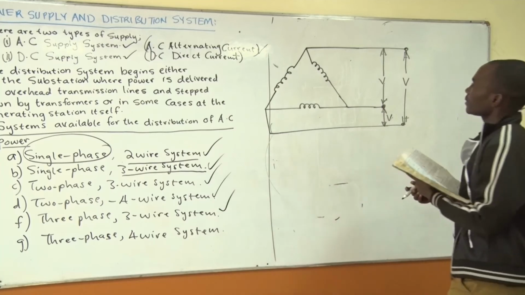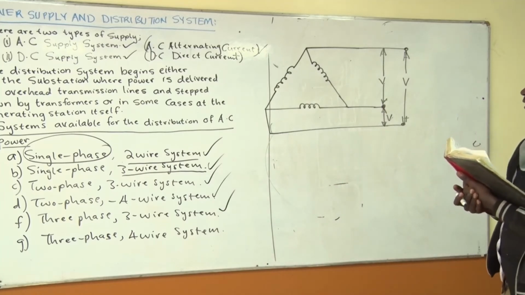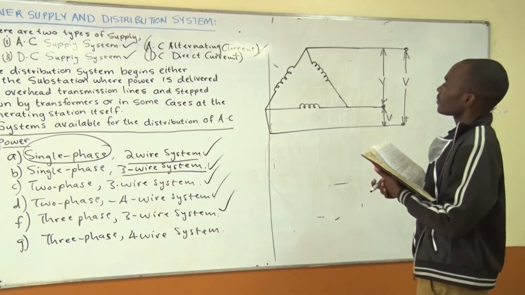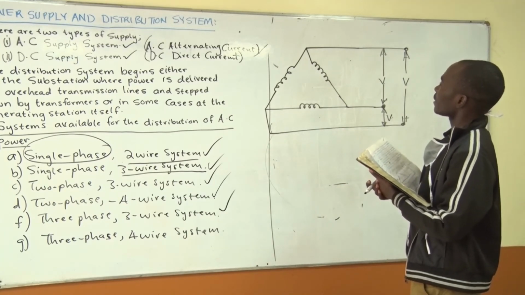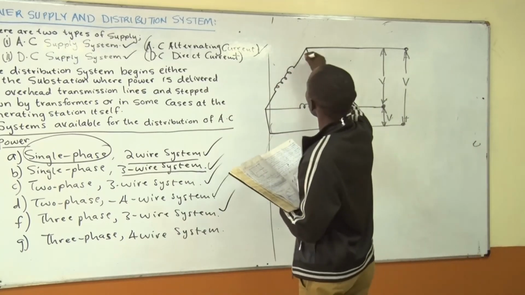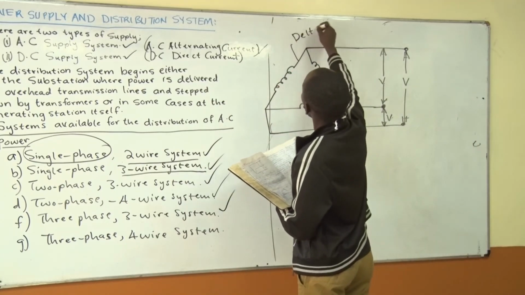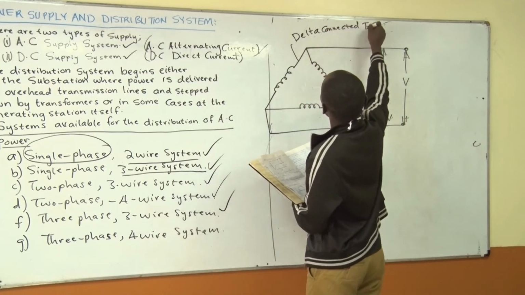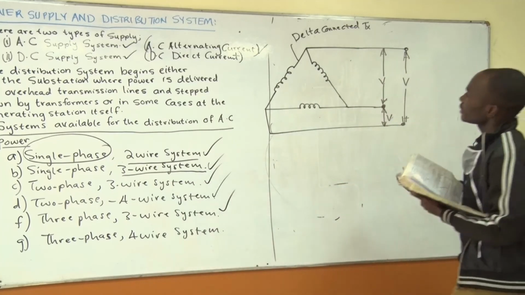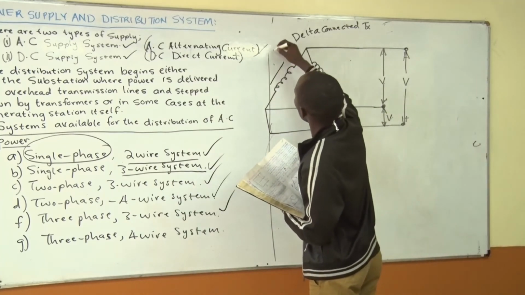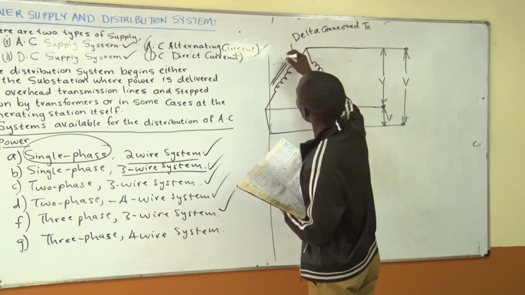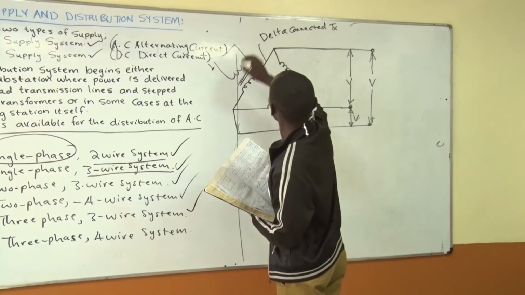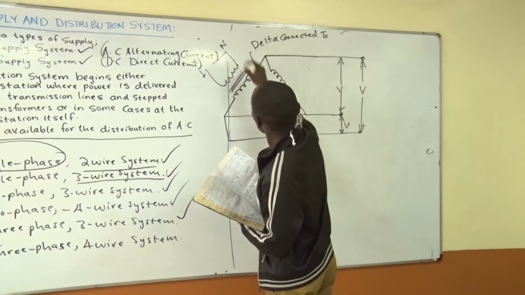So for instance, when it comes to the 3-phase 3-wire system, you can see this is a transformer which is a delta connected transformer. So in this transformer, if we elaborate it like this, you see that we have this live, we have a neutral.